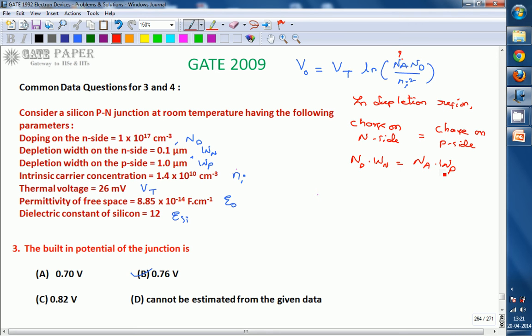After simplification, Nd times Wn is equal to Na times Wp.